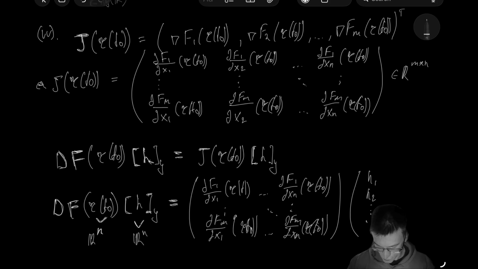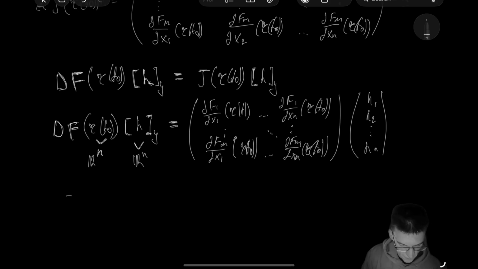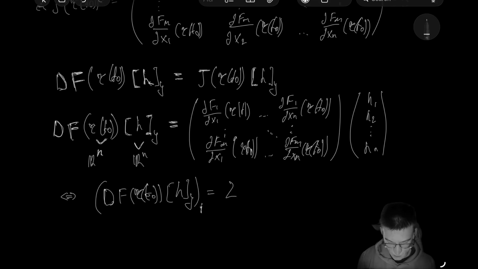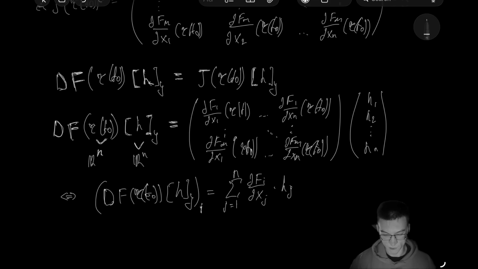This is multiplied by the displacement vector h1, h2, until hn. And then from this, by a simple matrix multiplication, we can conclude that the particular element, I'm going to call it the ith element, is going to be equal to the sum of the partial derivatives of f_i with respect to the following variables, multiplied by the h component of the displacement vector h, taking values from 1 until n.